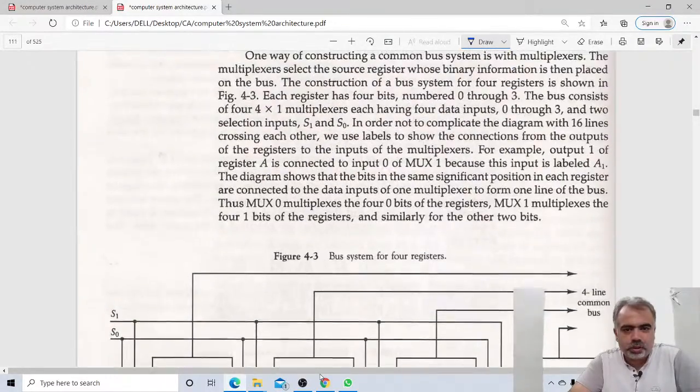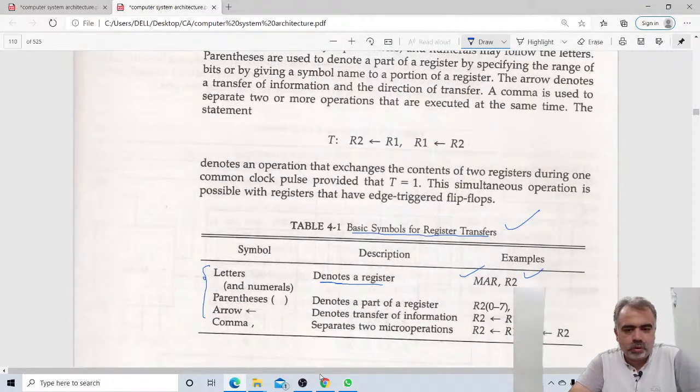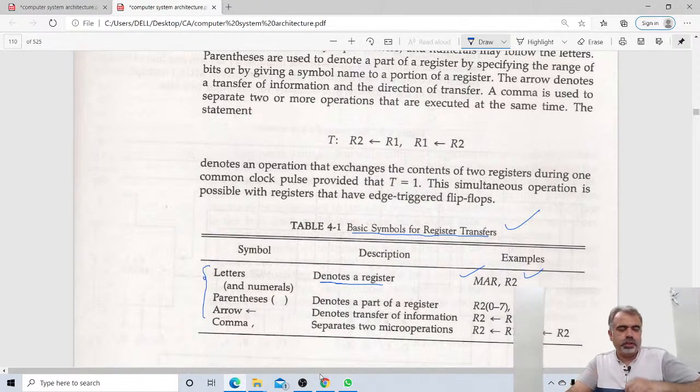Just to give you time to start this computer architecture. So I request you all watching to give a quick read to this table 4.1.